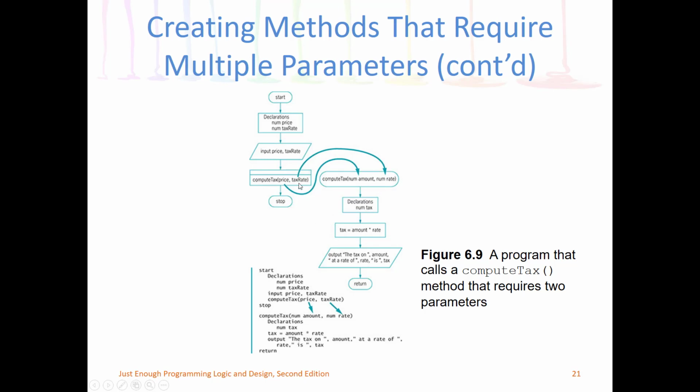They are copies of price and tax rate. That will not change what's stored here because they only exist as long as this is run. They're only copies. So there's nothing you can do to price and tax rate inside of here by using the name, amount, and rate, unless you declare them as passed by reference, which we'll talk about in a minute again. As you can see, you're passing copies here in your pseudocode.